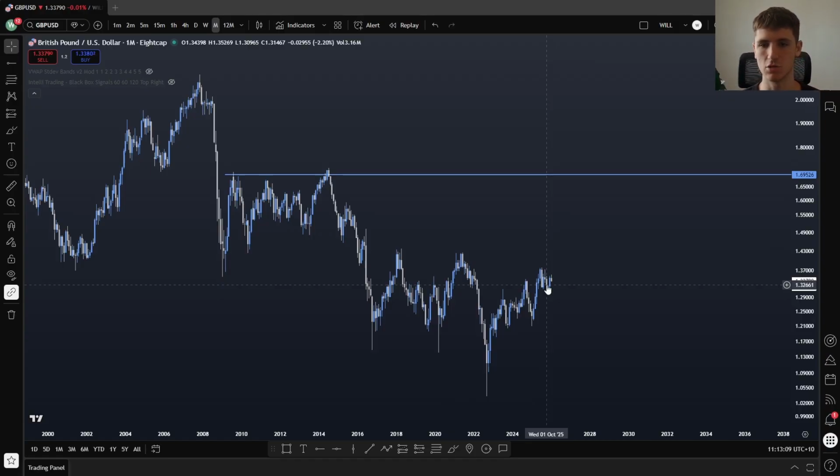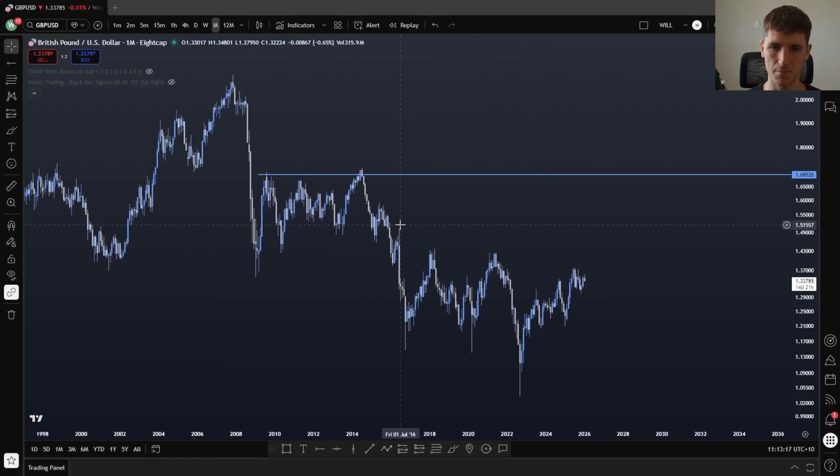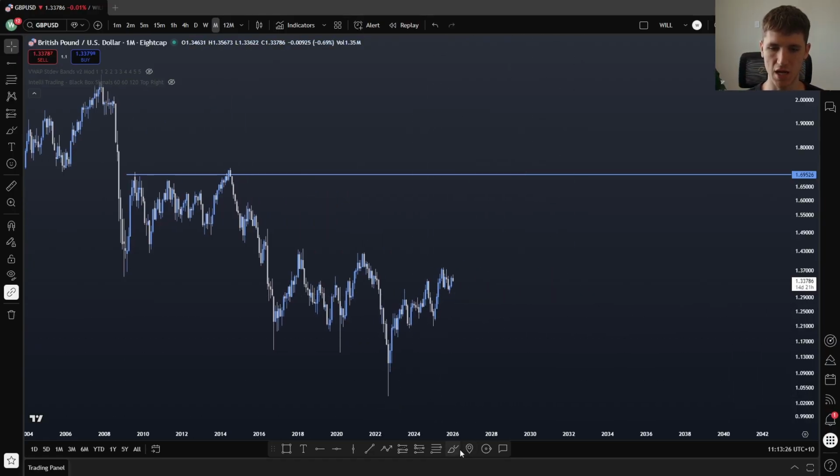That asset long term, overall, is bearish. So that's sort of how you differentiate calling the asset bearish overall or bullish overall. It's not bullish until price comes up to this line and closes above it like that.